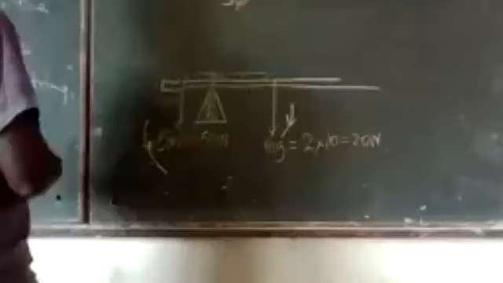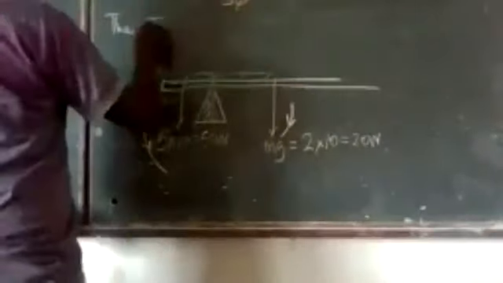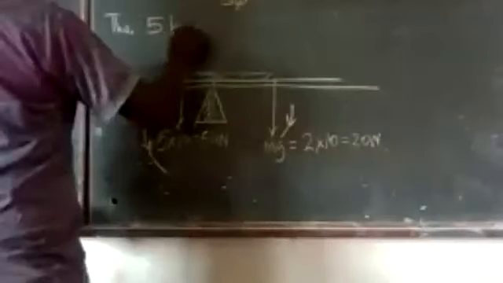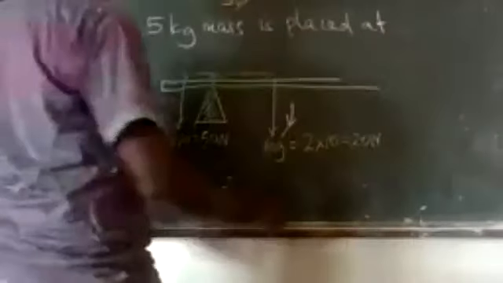Which mass are we positioning, by the way? The 50 kilogram mass. Is it placed at 0.4 meters from the pivot?